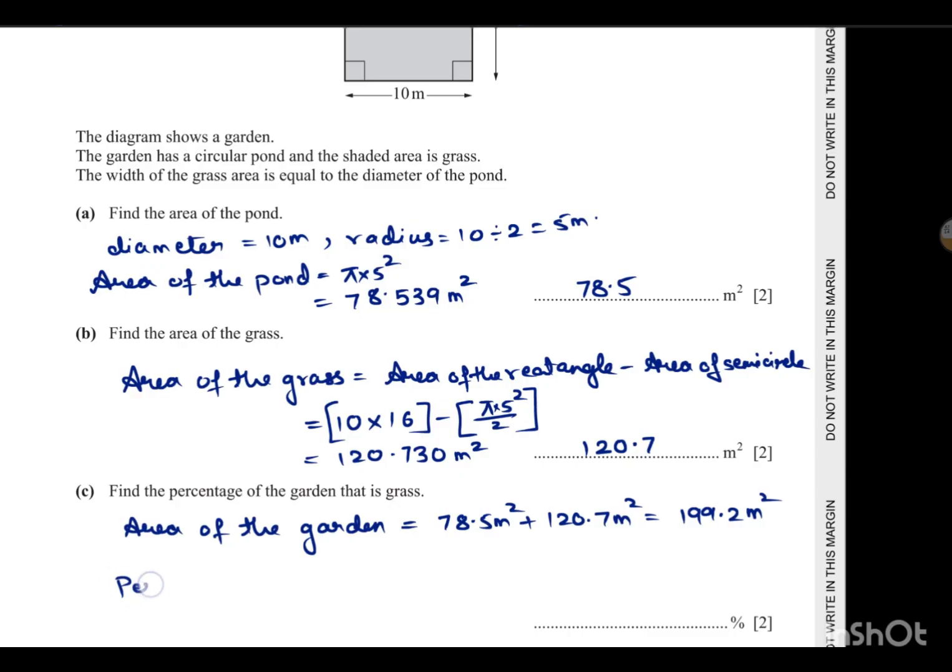So percentage of the garden that is grass.